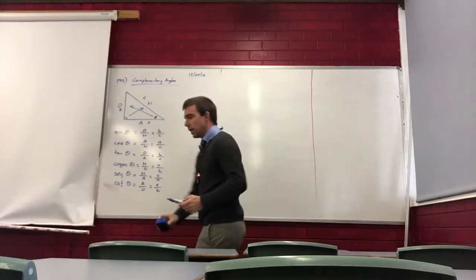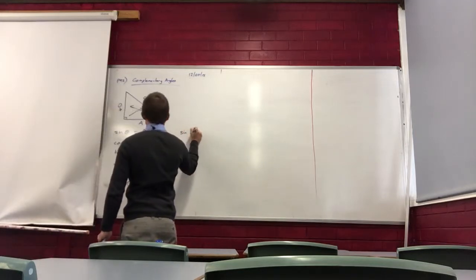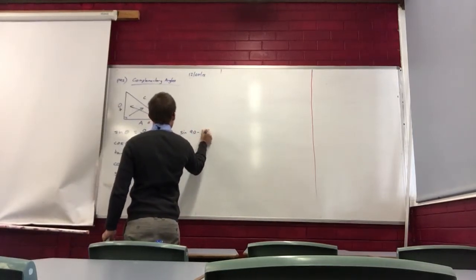So, also we have 90 minus theta. Let's have a look at this. Sine of 90 minus theta.